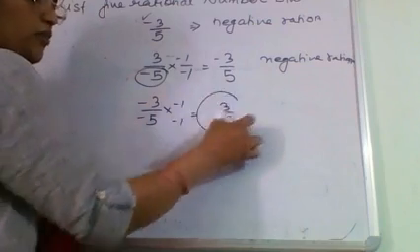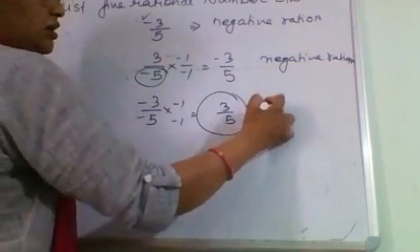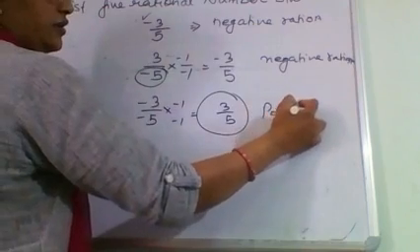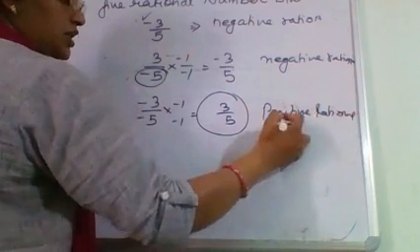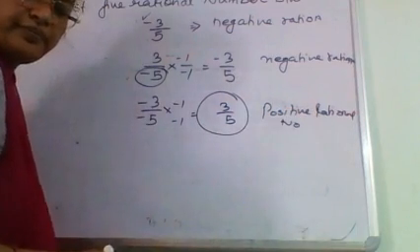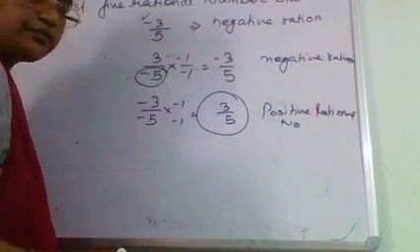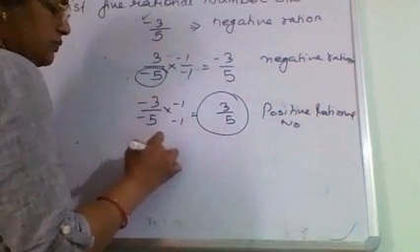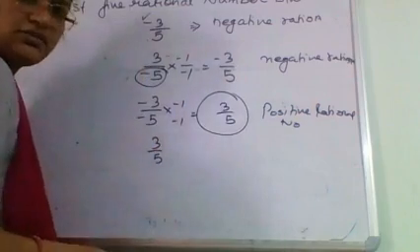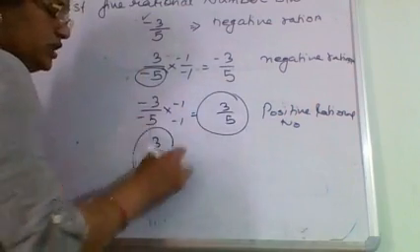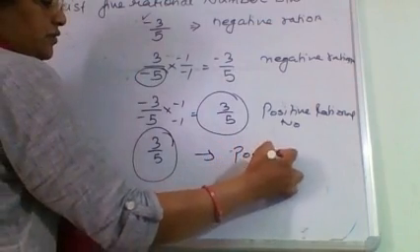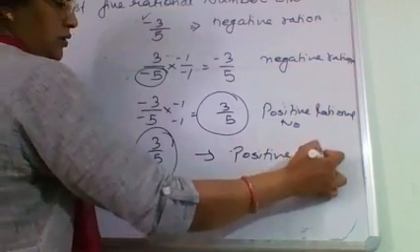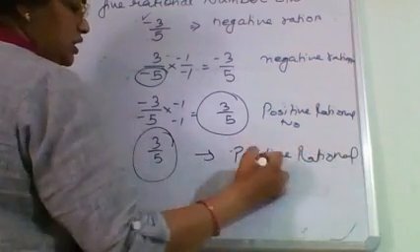Now it becomes positive, so this is a positive rational number. What about 3 by 5? This is obviously a positive number, no need to change. So positive rational number.